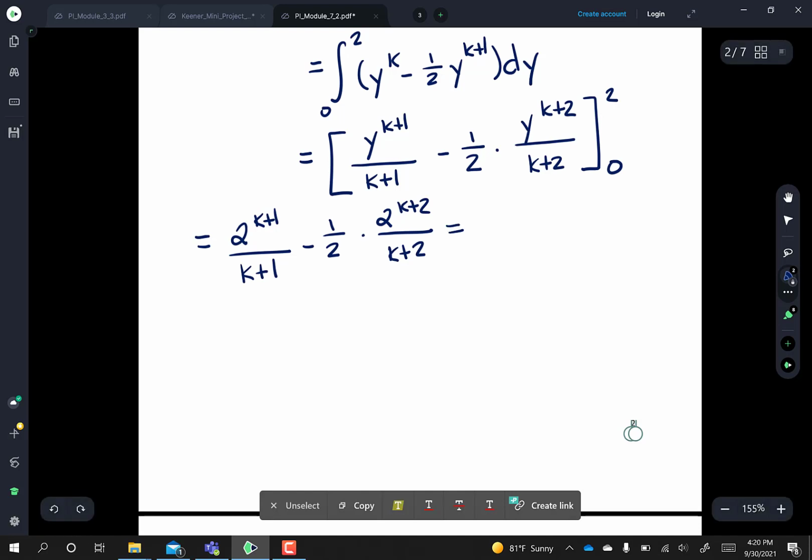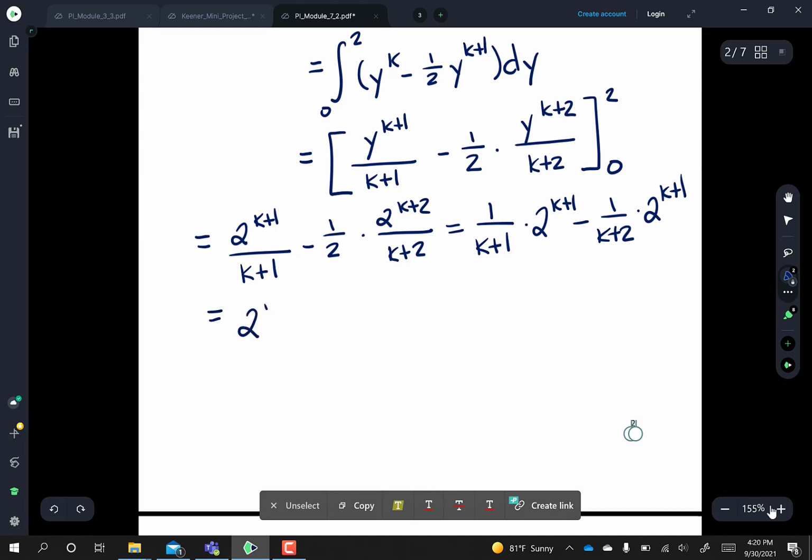And this is then equal to 1 over k plus 1 times 2 to the k plus 1, minus 1 over k plus 2 times 2 to the k plus 1.